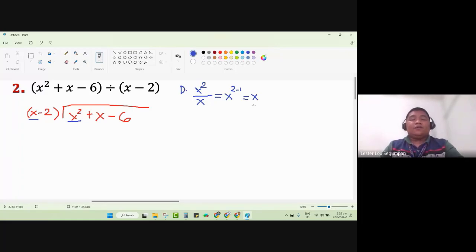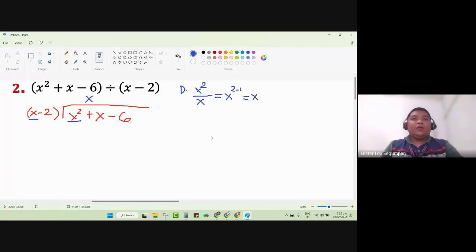This is our first quotient. We place our quotient here at the top. You could place it here or there, just somewhere to indicate that that's your first quotient.